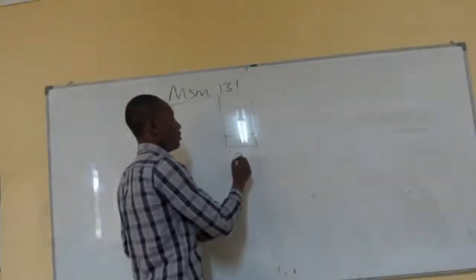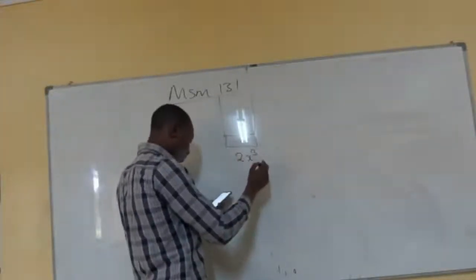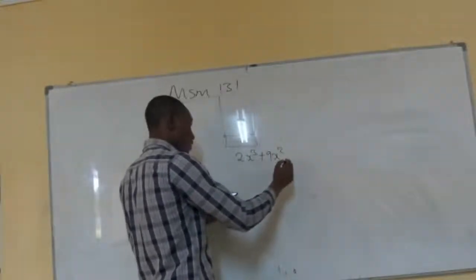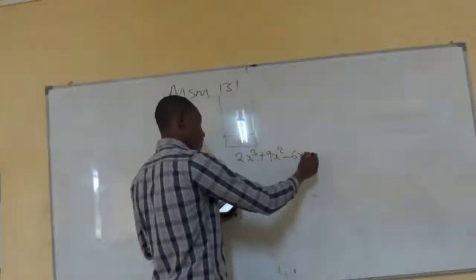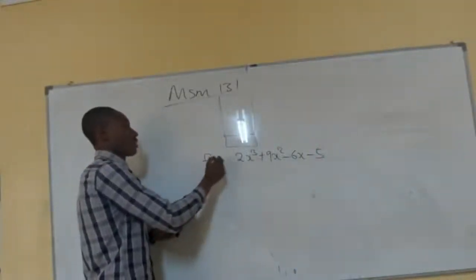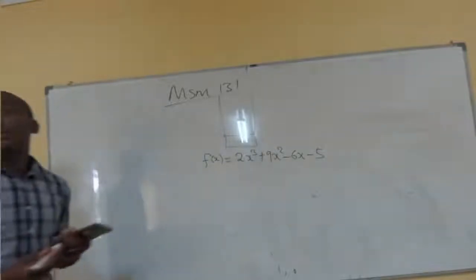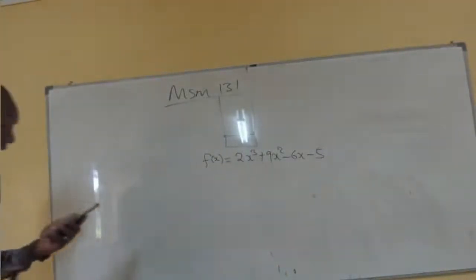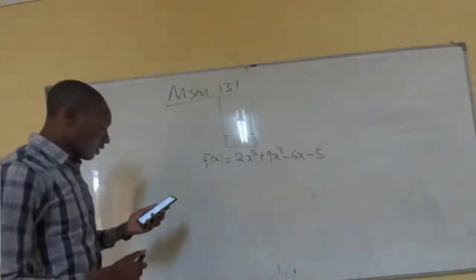So we have the polynomial 2x cubed plus 9x squared minus 6x minus 5. Okay, so this is f of x. Right, so this f of x which we have, we've been asked to factorize it.